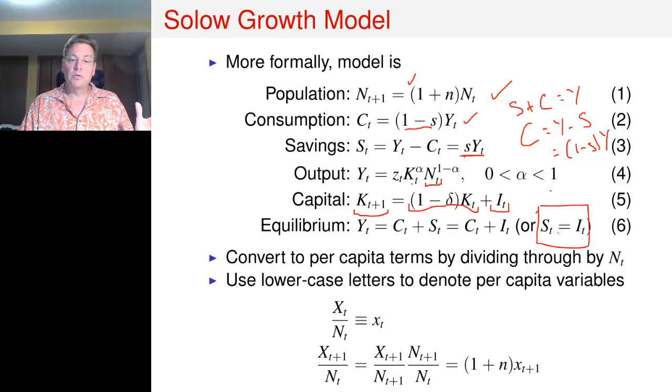Now, because we look at growth rates or economic growth in per capita terms, we want to divide all of these variables by population, by N. And what we'll do is we'll use lowercase letters to denote the per capita values of these variables.